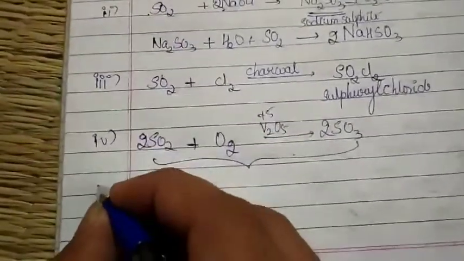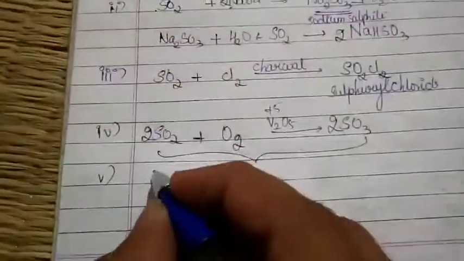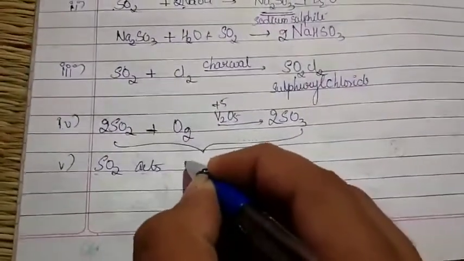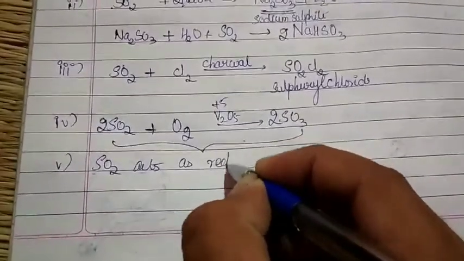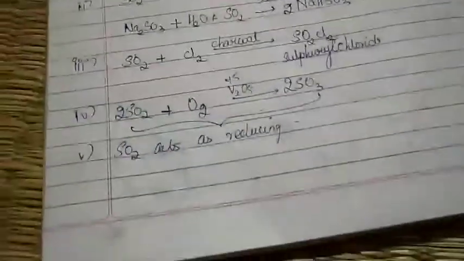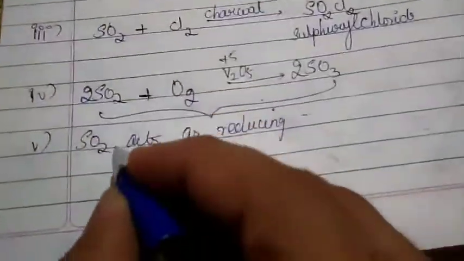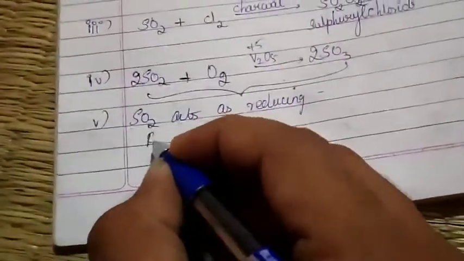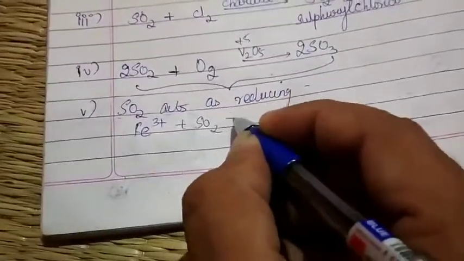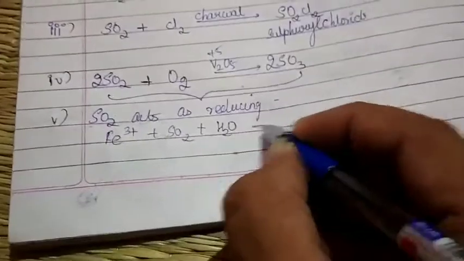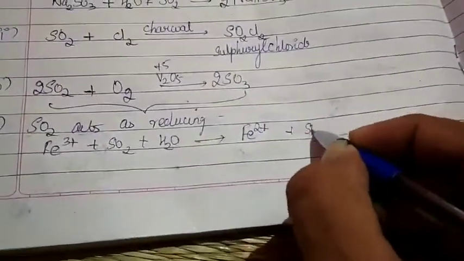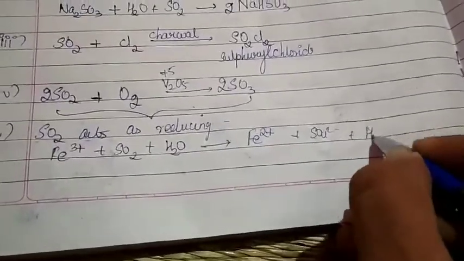Coming to the most important property, remember your SO2 acts as a reducing agent. SO2 acts as a reducing agent. We'll see two important reactions where SO2 acts as your reducing agent. So remember, whenever you treat your Fe3+ with SO2 and water, your Fe3+ is reduced to Fe2+, along with SO4 2- plus H+.